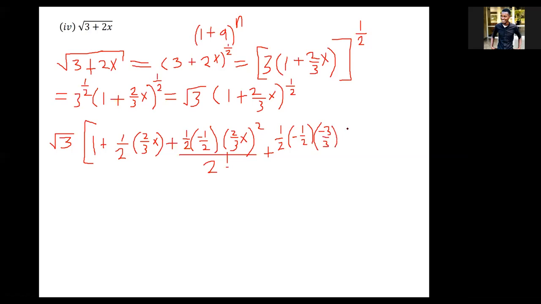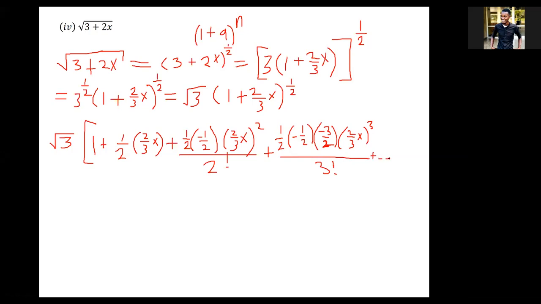And then your a is going to be 2 over 3x to the power 3. Then everything divided by 3 factorial. So this is negative 3 over 2. Okay. So you keep on going like that.